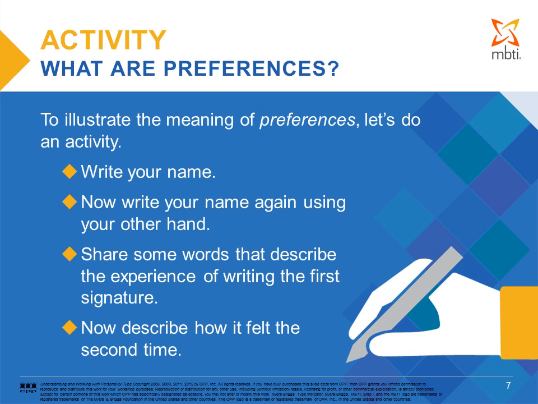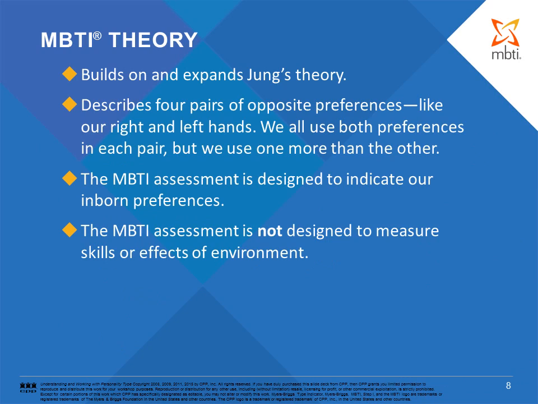You might be able to teach yourself to write just as well with your left hand as your right hand or vice versa, but there's going to be one that's going to feel natural that you don't have to think about. So that's your preference.